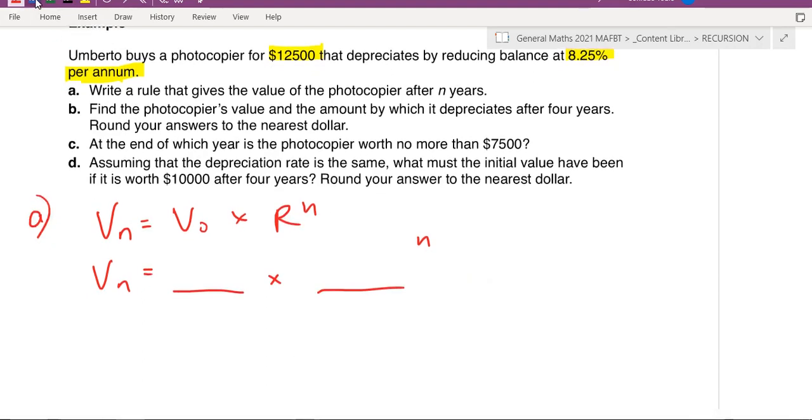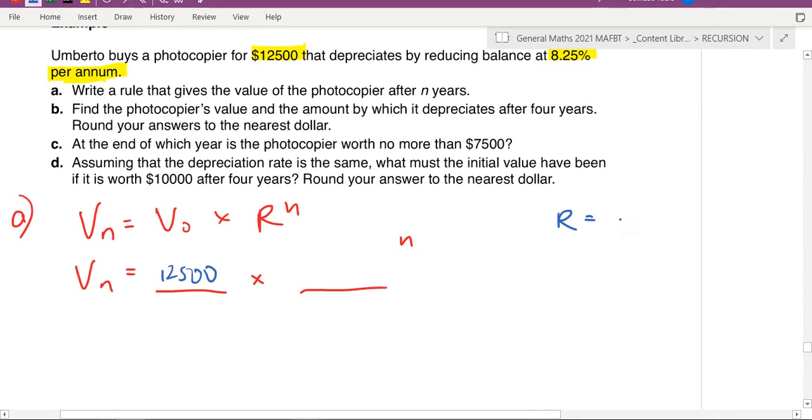I already know that V0 is 12,500. The R value, read the question. This is depreciating, so it's going to be 1 minus the percentage over 100. It's not compounding monthly or weekly or anything like that. It's just compounding annually, so you don't have to change it.